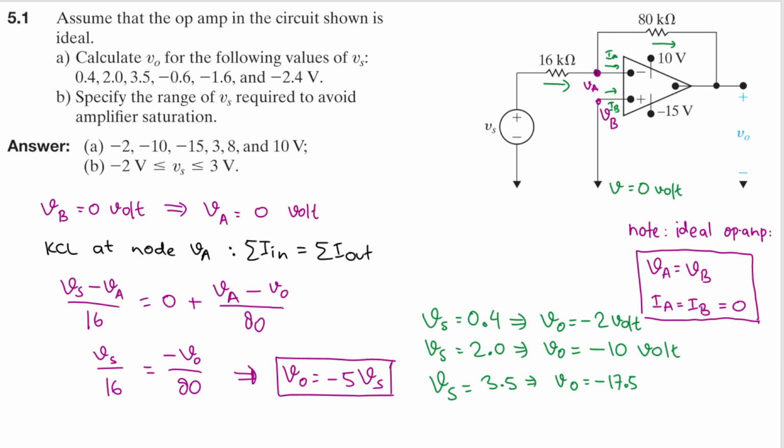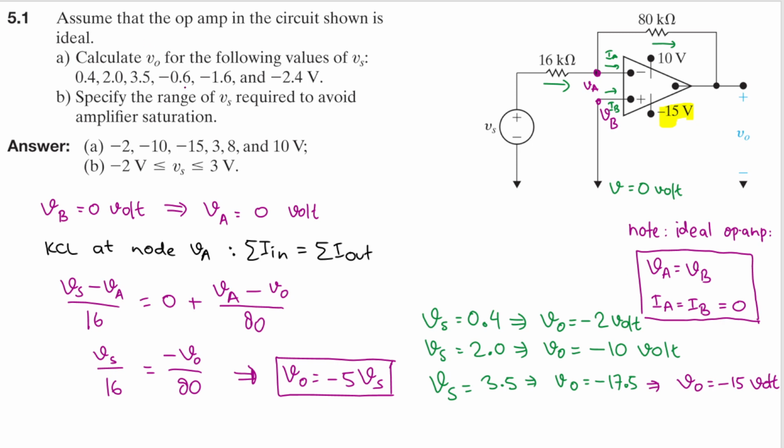It should be, but remember that here we will have minus 15 as the maximum. So we will have V0 is equal to minus 15 volt.